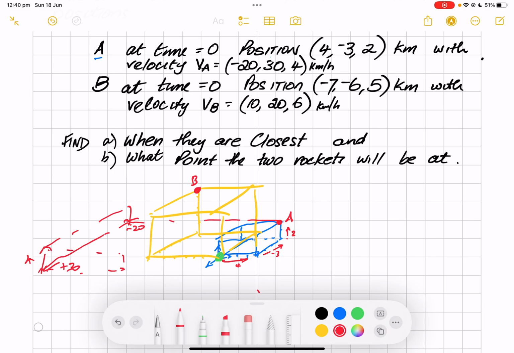Where are we? A will be heading towards this diagonal here. So we're going to be like shooting off in that direction.